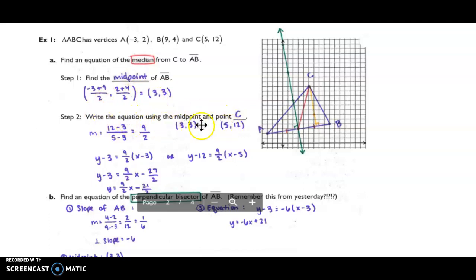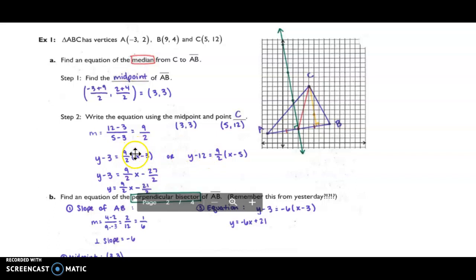We need the equation using the midpoint and point C. This red line is the equation we're trying to come up with. I've got to figure out the slope from C to this point, so between 3, 3 and 5, 12.